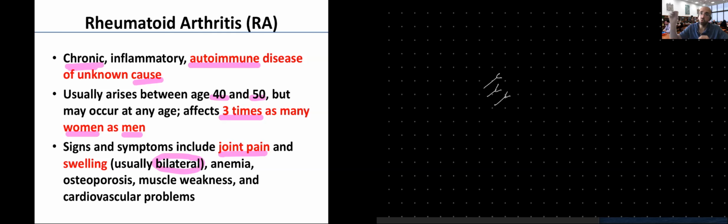So I start to form immunoglobulins, form antibodies that will attack the synovial membranes, causing inflammation of the joint. So those antibodies are traveling with the blood to everywhere. So both sides of the body are going to be affected similarly. So it's a bilateral disease. It affects the joints on both sides of the body.